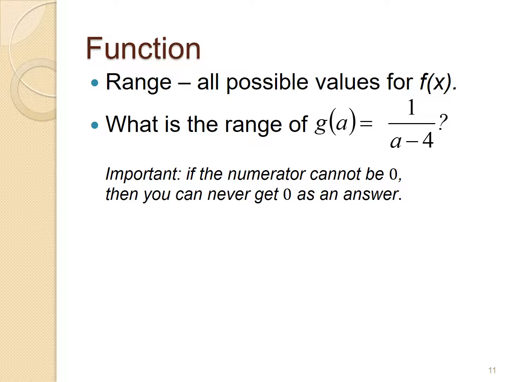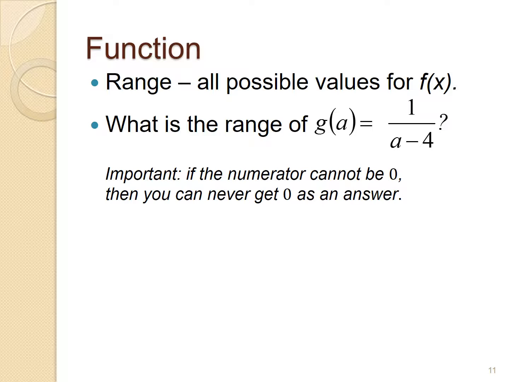So we're getting negative fractions. And as we keep getting more and more negative, if a was minus 10, 1 over minus 10 minus 4, well, minus 10 minus 4 is minus 14. So 1 over negative 14 is negative 1/14. Well, that's getting smaller and smaller, but it's negative.